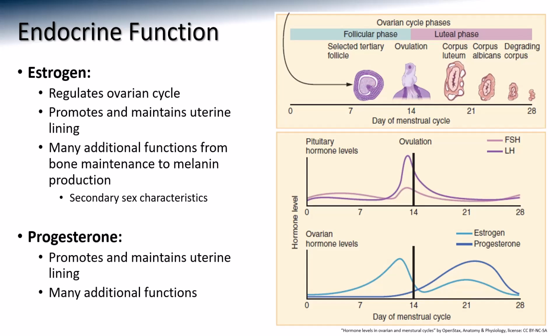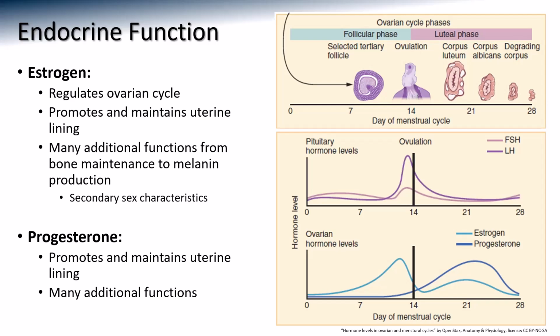The estrogen and progesterone secreted by the granulosa cells regulate both the ovarian cycle and the uterine cycle together. Estrogen tells those granulosa cells to proliferate, and it makes the follicles, which are made up of the granulosa cells, mature. At the same time, it is promoting growth and maintenance of the uterine lining, so getting thicker and thicker.